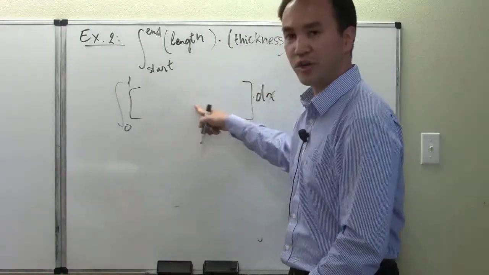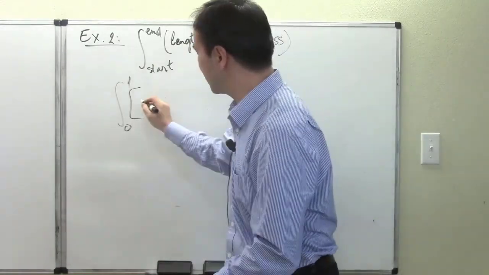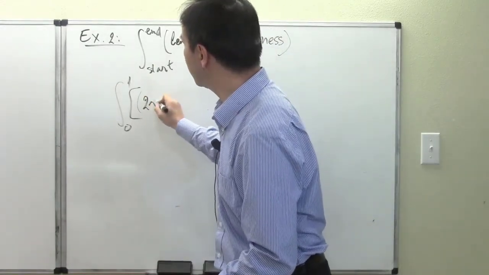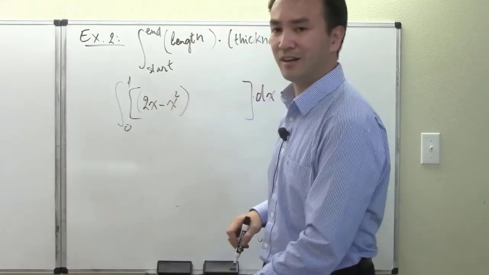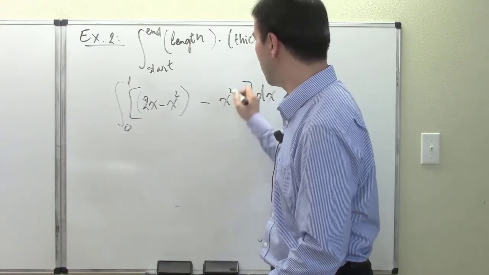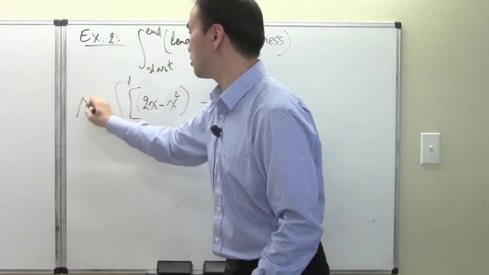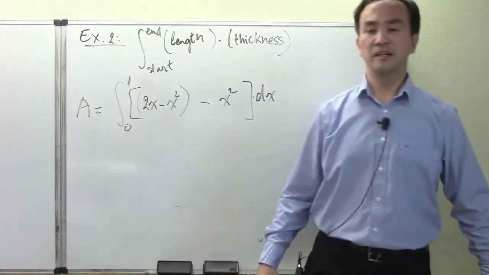Now we need to produce the proper stripe height. The upper curve this time is 2x minus x squared, and the lower curve is simply x squared. So there's my upper curve and lower curve. Now our integral is completely set up.